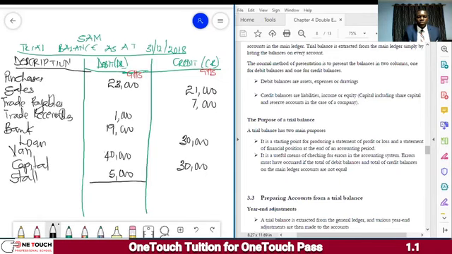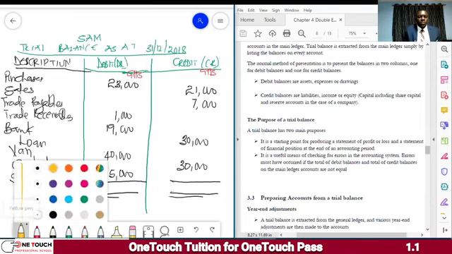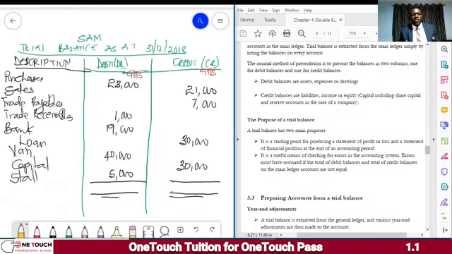So we total it. So let's see. Let's take the debit side. So we have 23,000, 1,000, 19,000, 40,000, 5,000.